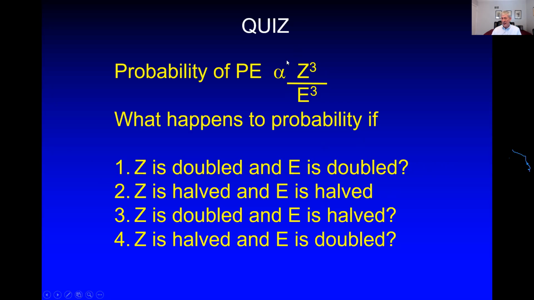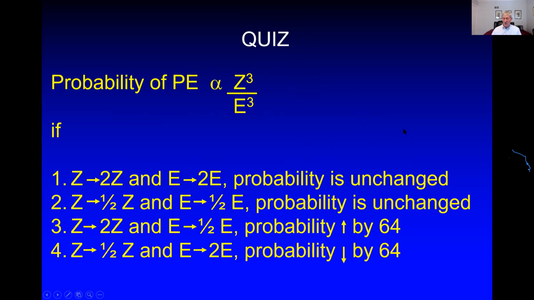So you've got 8 divided by 1/8. That means it's going to go up by a factor of 64. And if you halve Z and double E, then you're going to have 1/8 divided by 8. That's going to be 1/64.